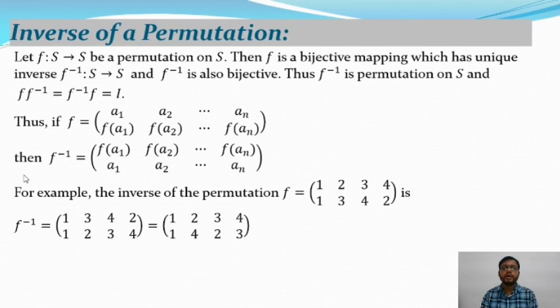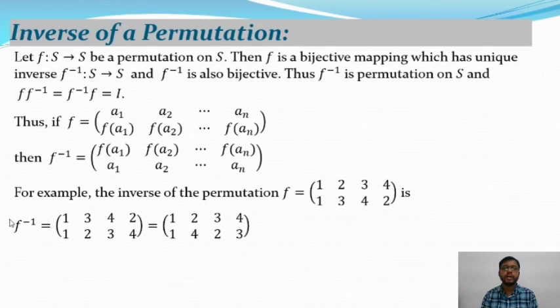And its inverse, that means the inverse permutation, is where the elements of the first row are the elements in the range set, and in the second row the elements are in the domain set. So here the first row has F of a1, F of a2, and up to F of an, and F of a1 goes to a1, F of a2 goes to a2, and up to F of an goes to an. This is the inverse permutation of F.